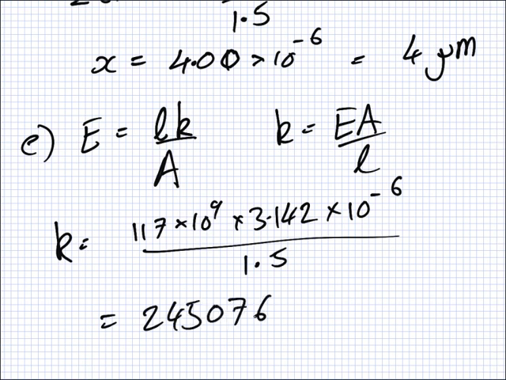Are you sure? True. No. Did you write in 10 to the plus 6 as the power? No, minus 8. And that's a 9? Yeah. Okay. 245 kilonewtons per meter.